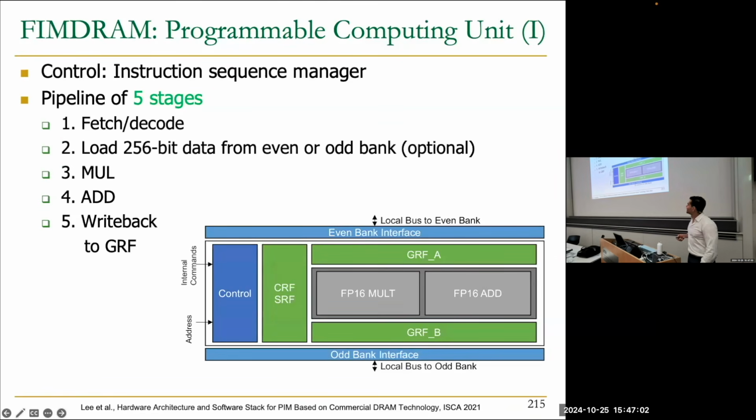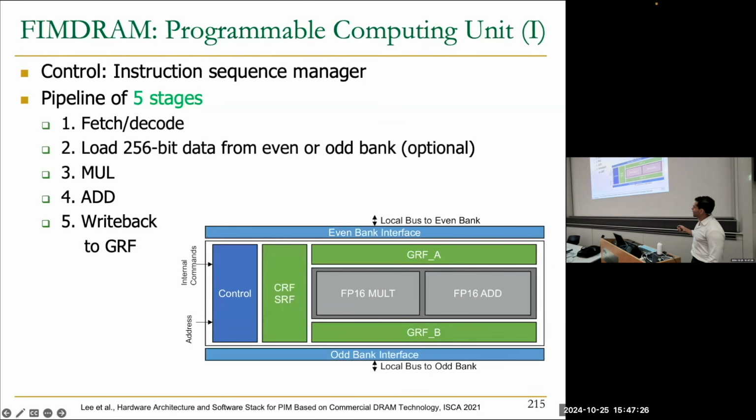So this is the design of the FPU itself. Here, I think they keep changing the name, PCU now. Basically, you have the interface for the bank. As I mentioned, the hardware is shared between neighboring banks, so you have an interface for the even bank and an interface for the odd bank.